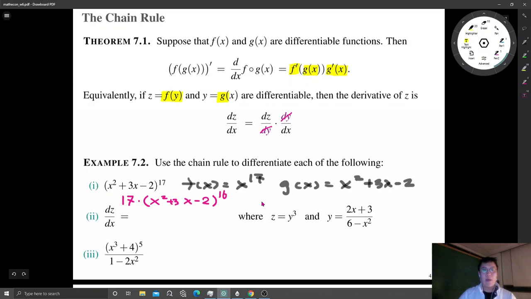And then we multiply by the derivative of the inner function, so g prime: x squared becomes 2x, 3x becomes 3, and the negative 2 constant goes away. So 2x plus 3 is the derivative. That is the derivative of the first example.